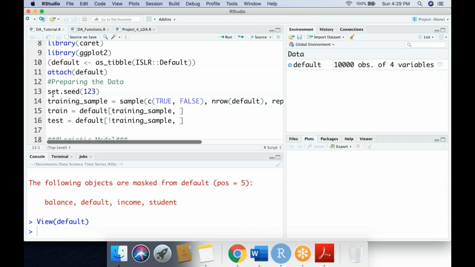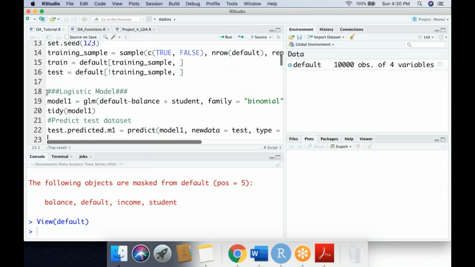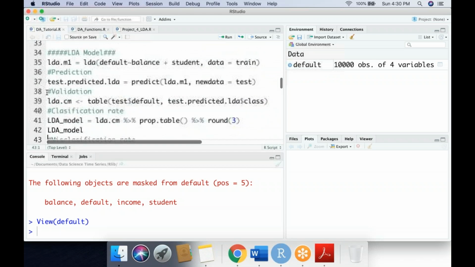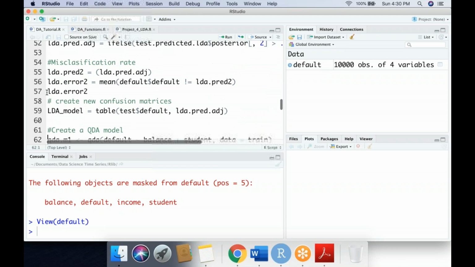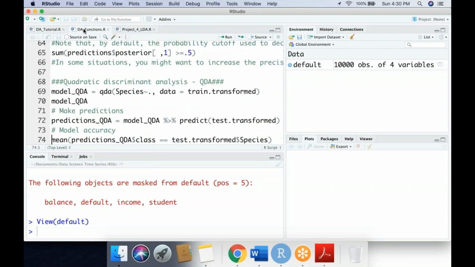And basically what we have tried here is that we created a logistic model. Then, on the same data, we created an LDA model, and on the same data I was creating a QDA model, and probably all the other discriminant analysis functions we have learned.